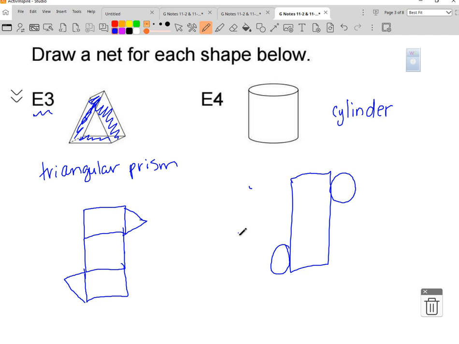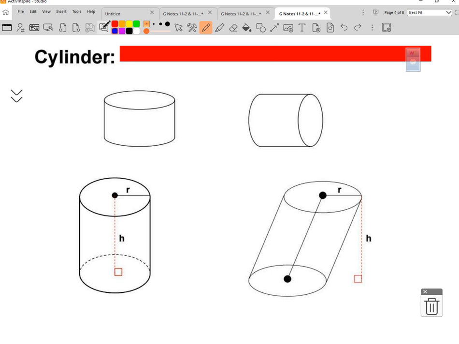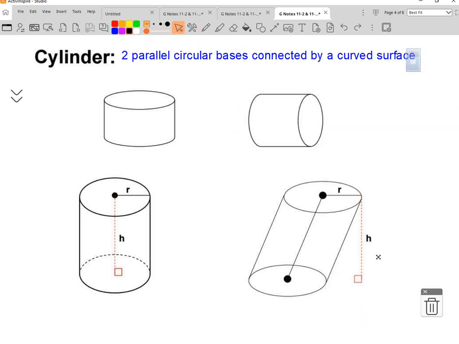So look, are you keeping up with me? Okay. Cylinder. This is a cylinder. A cylinder has 2 parallel circular bases connected by a curved surface.